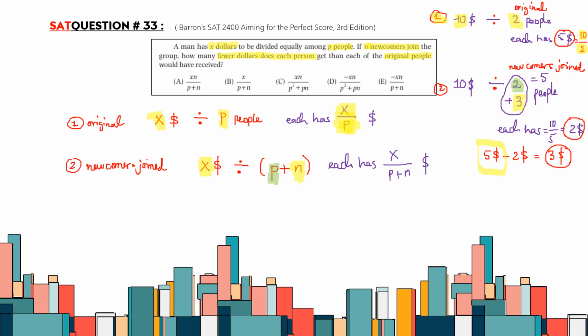The 5 right here comes from the P plus N. That is our second part, our $2 right here.